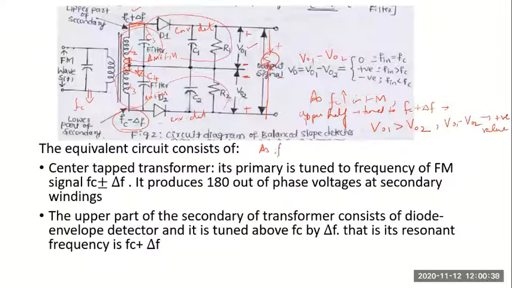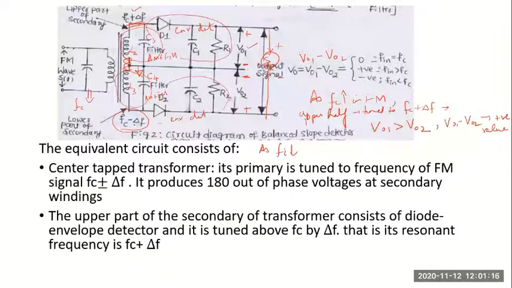Now, can you tell me what happens as the input frequency is decreasing? As the instantaneous frequency of the FM signal decreases, which slope detector should be getting more voltage? Yes? The lower slope detector will be gaining more voltage. The upper slope detector will not get more voltage, but the lower slope detector is moving towards its tuning frequency.